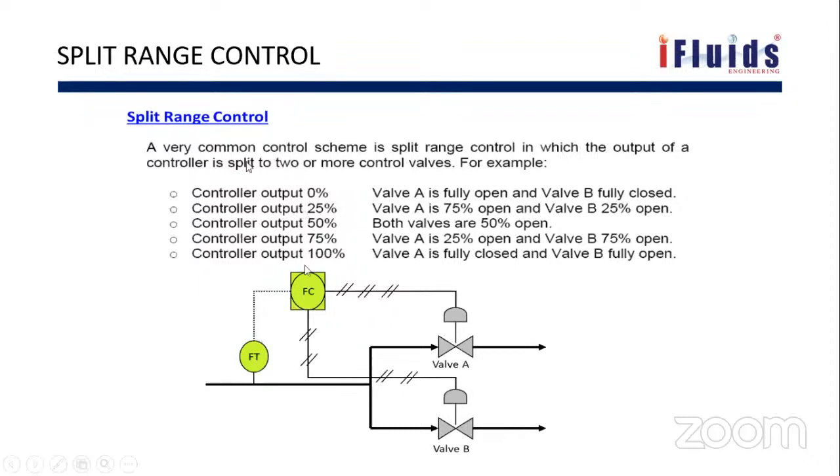It may be 33%, 30, 66%, anything, not exactly in multiples of 5. This is only for example. Based on process requirement, we'll be giving the controller outputs. So these are the important control types which are used in P&IDs.